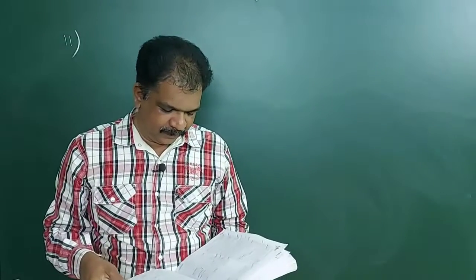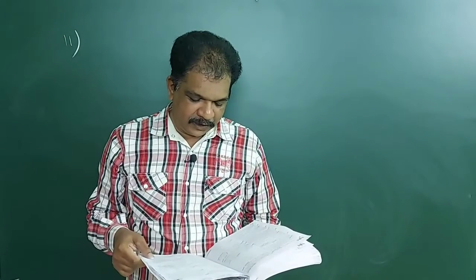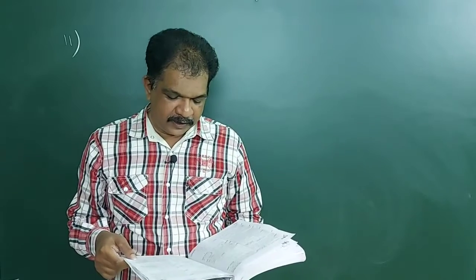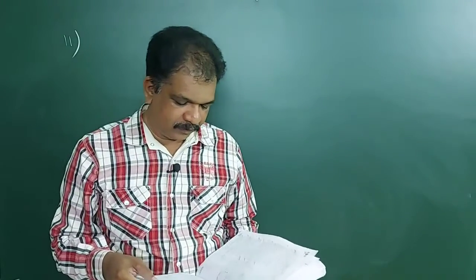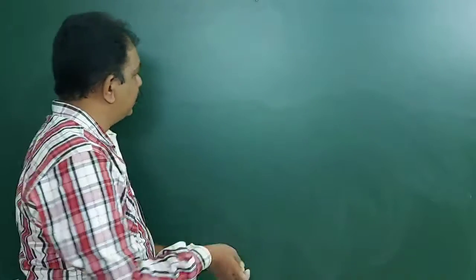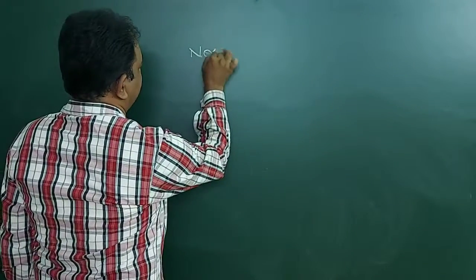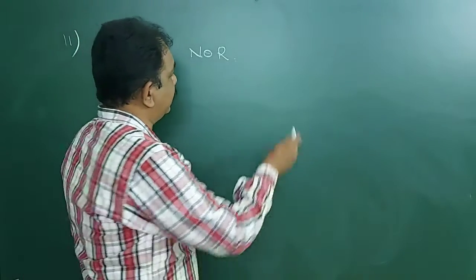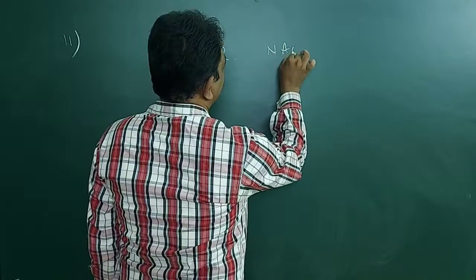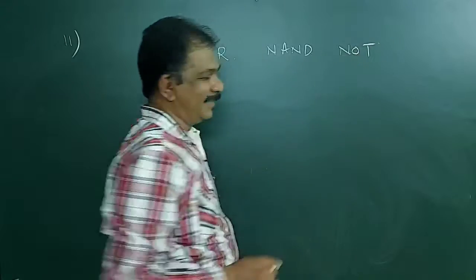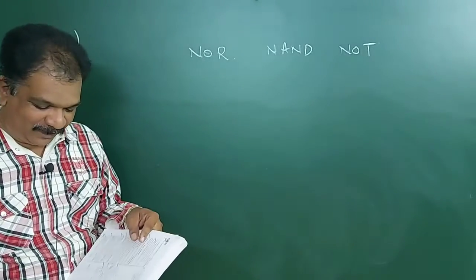The circuit is, what is the circuit here? Okay. First a NOR gate, next a NAND gate, next a NOT gate. What will be the output?